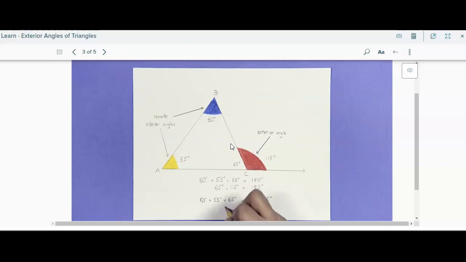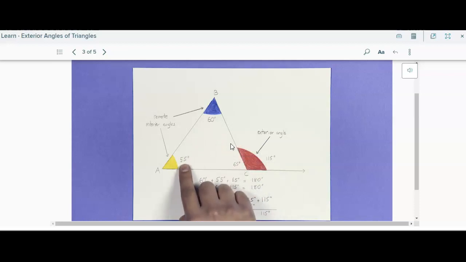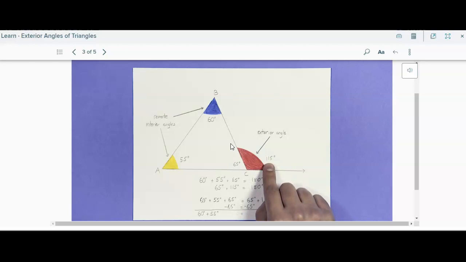To simplify the equation, subtract 65 from both sides. The resulting equation is 60 degrees plus 55 degrees equals 115 degrees. Notice that the sum of the measures of the 2 remote interior angles, 60 degrees plus 55 degrees, is equal to the measure of the exterior angle, 115 degrees.